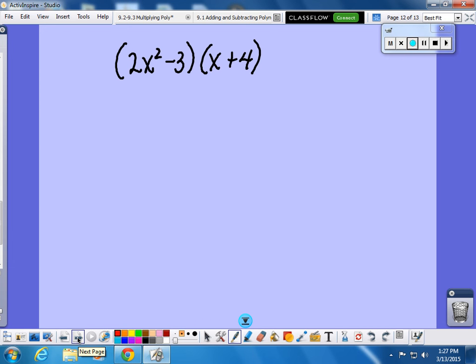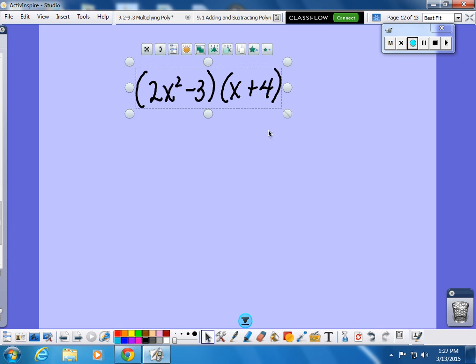Okay, let's look at this one. On every problem we've worked so far, yesterday and today, outer and inner were always what? Like terms. I told you most of them would be, but this is the case where it's not, and let me show you how I know that.